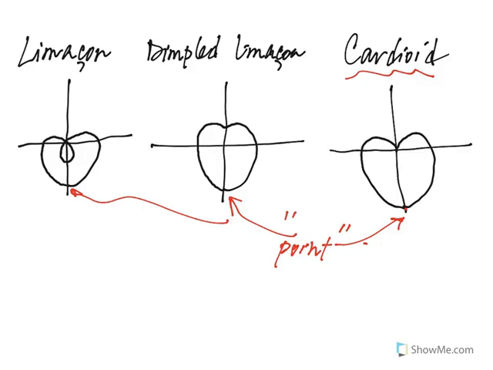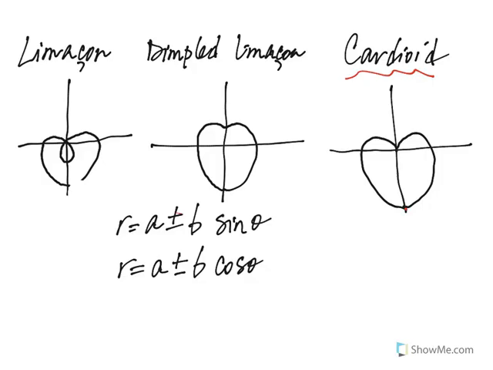And then all of these graphs will be in one of these forms: a plus or minus b sine theta, or a plus or minus b cosine theta. Now, as I said on the previous page, if it's got a sine in it, it's symmetric to the y-axis. If it's got a cosine in it, it's symmetric to the x-axis.